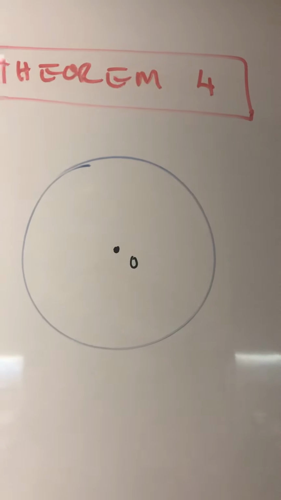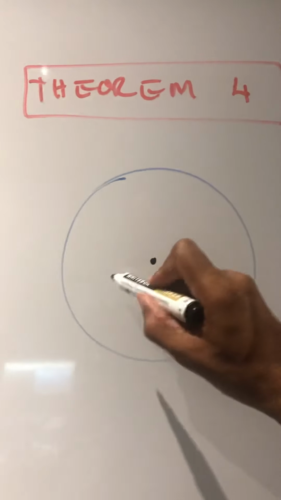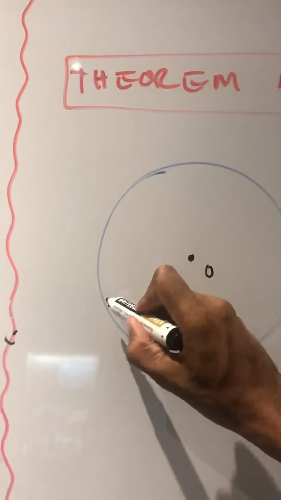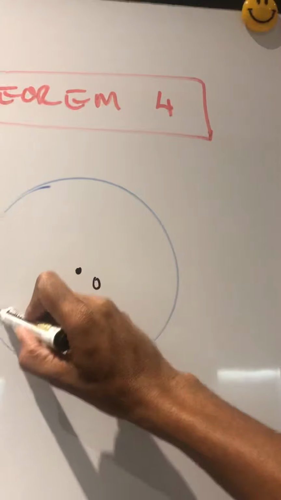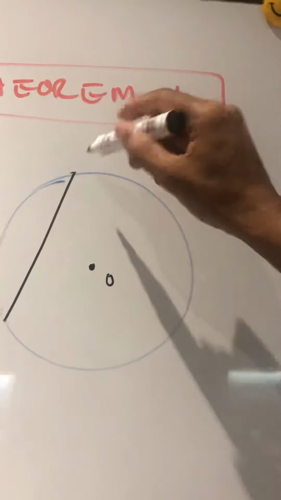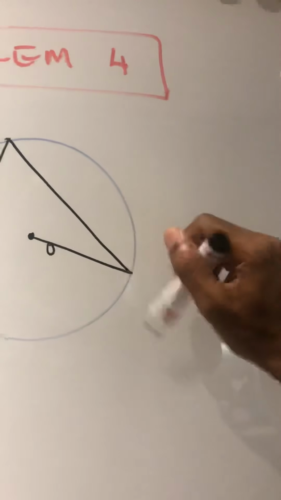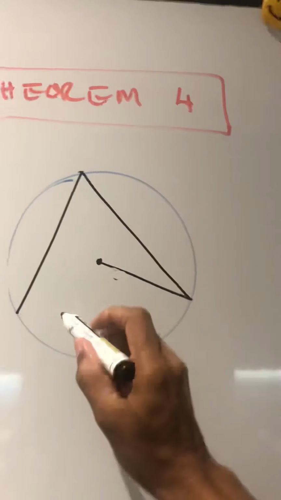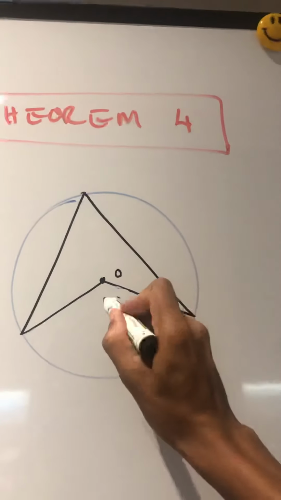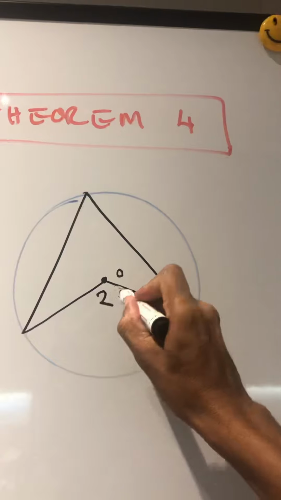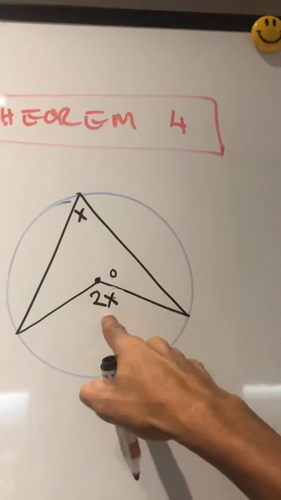I'm starting again with an empty circle with only the center, but I just want to extend from theorem 1 and 2. Okay, so let's say we are starting off with that, and we know that is our center. And remember, we said the angle at the circumference is half the angle at the center.